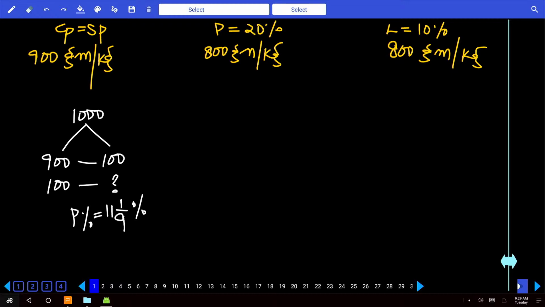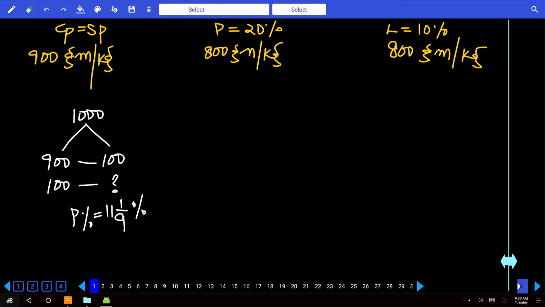Understood? Come on. Second model. You know the answer. 50%. Let's do another style. 1 kg meaning how many grams? 1000. If cost price and selling price both are equal, we will start with 1000. But now you are expecting a profit of 20%.